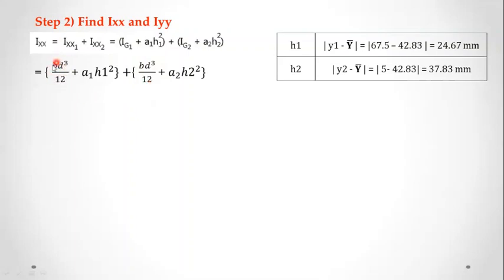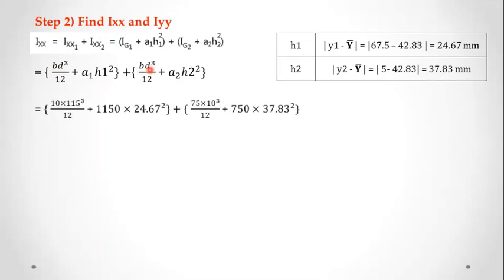The B and D values for the first rectangle are different from the second rectangle. For the first rectangle, B value is 10 mm, D value is 115 mm, and for the second rectangle, B value is 75 mm and D value is 10 mm. So put those values.